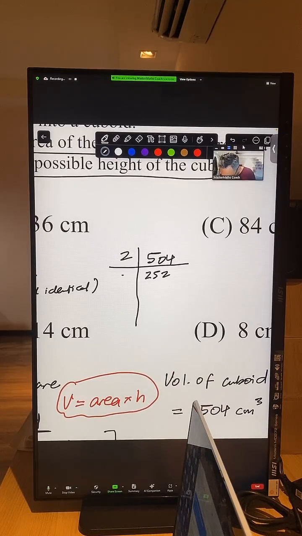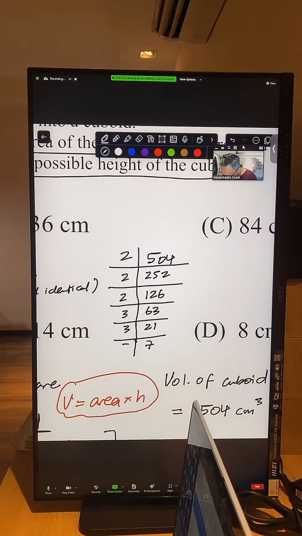And then 252 divided by 2, I get 126. 126 divided by 2, 63. Now 63 cannot divide by 2 because it ends with a 3. So we divide it by 3. We get 21. And then 21 again we divide by 3, we get 7. 7 divided by 7, you get 1.